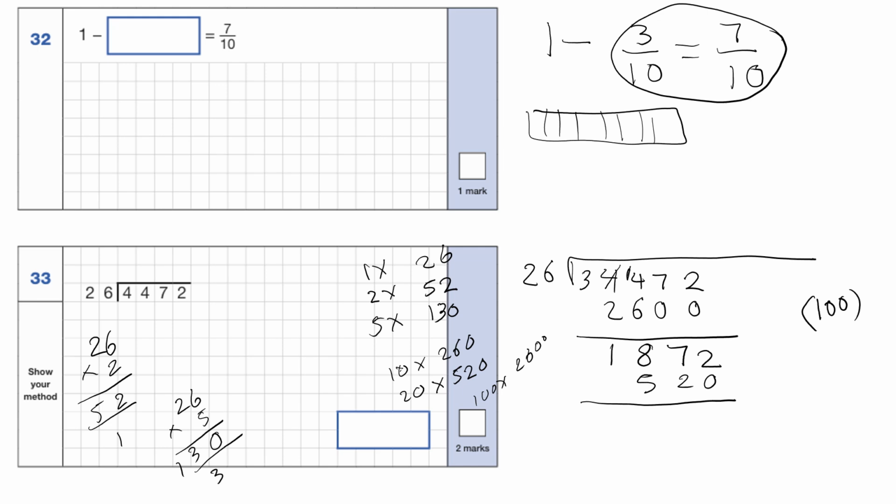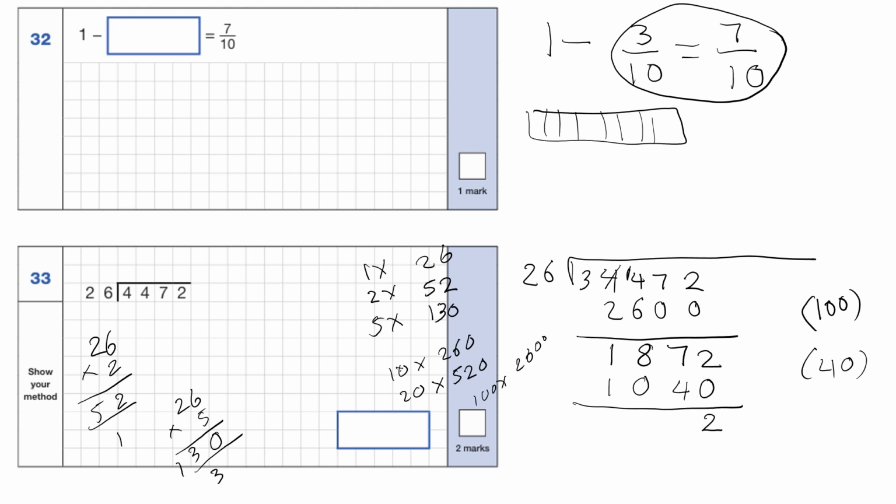I'm going to change it, in fact, because if 20 times is 520, let's double that. So that's 1,040 is 40 times. That's 1,040. And that's 20 times, that's 40 times. I'm just using my doubling skills there.